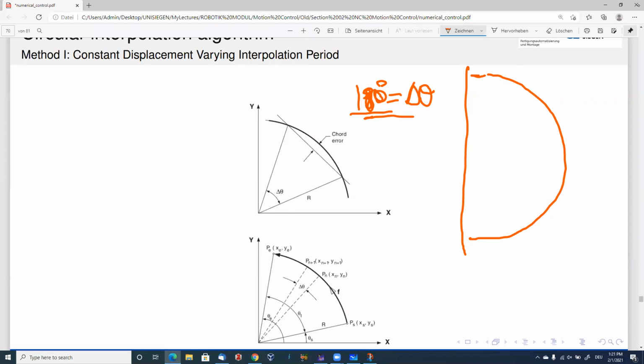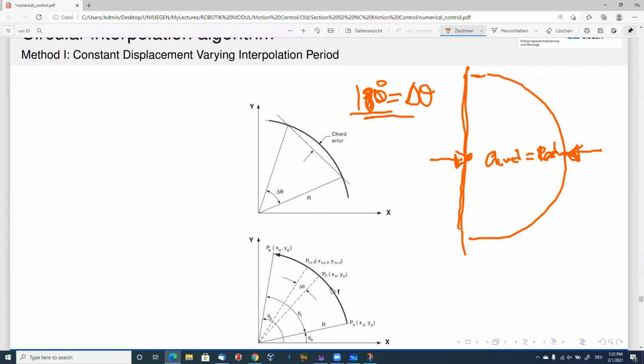So for 180 degrees, the distance between the chord and the arc, this chord length, is equal to the radius of the circle.